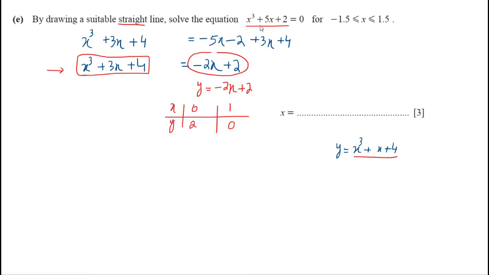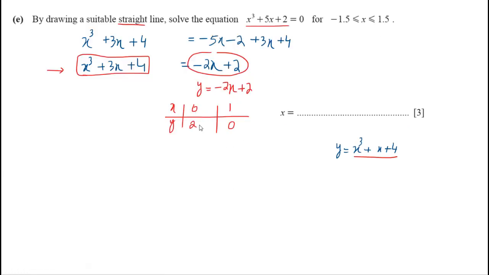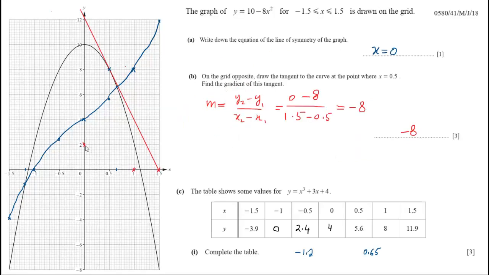Let's draw these 2 coordinates on the same graph paper. So the first coordinate was 0, 2, which is over here. And the second one was 1, 0, which is over here. So let me join these two. This is 0, 2 and this is 1, 0. So let me use a ruler.